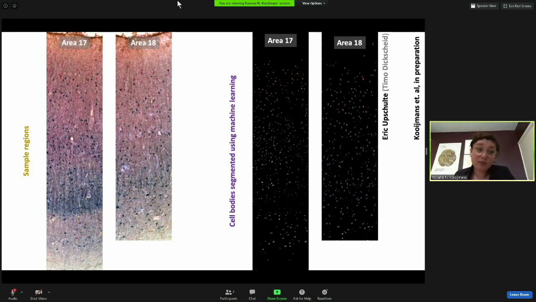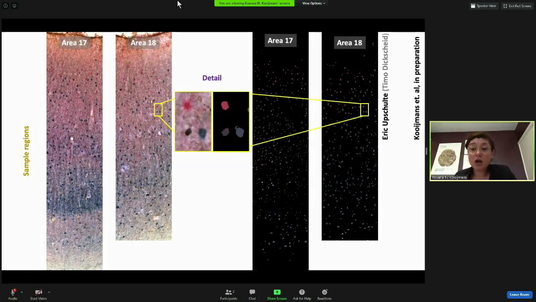Here is an example of 2 sample regions in area 17 and area 18, and the result of our analysis using a machine learning based algorithm. And I will also show you a detail to see how well Eric's algorithm is performing.